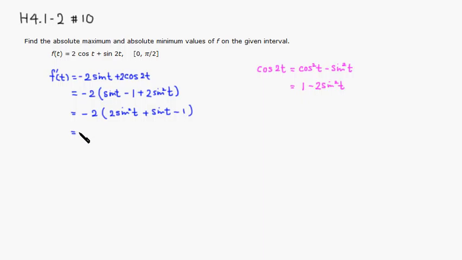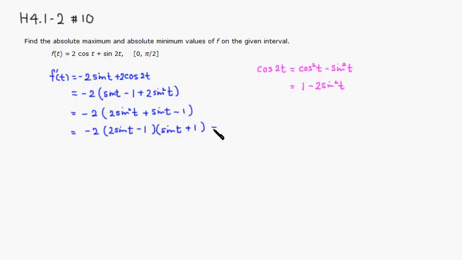This can be factored: split that into 2 sine of t and also sine of t, so we can put plus 1 here and a minus 1 here. So negative 1 times positive 1 gives you negative 1, and 2 times 1 is 2, plus negative 1 is positive 1. So that should work out.